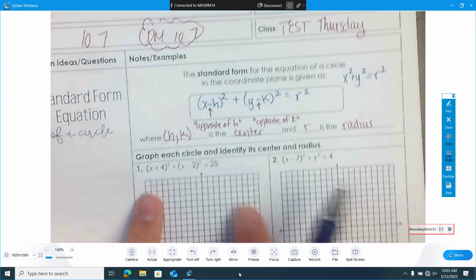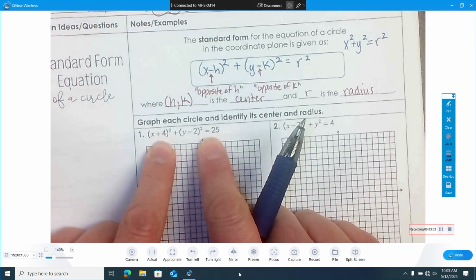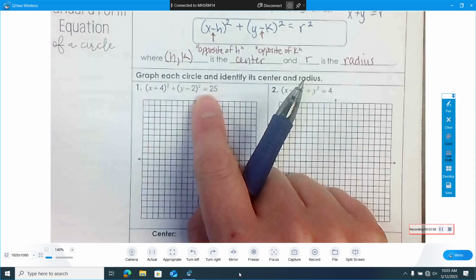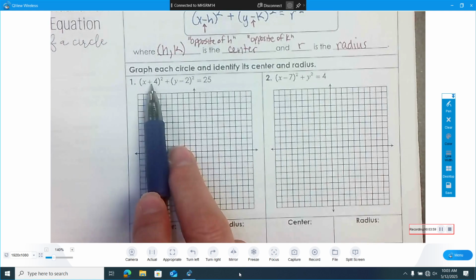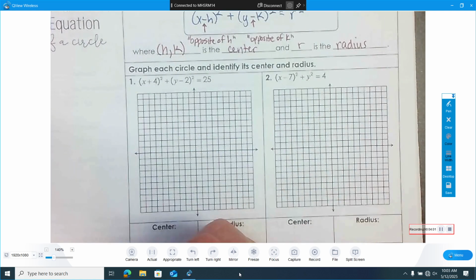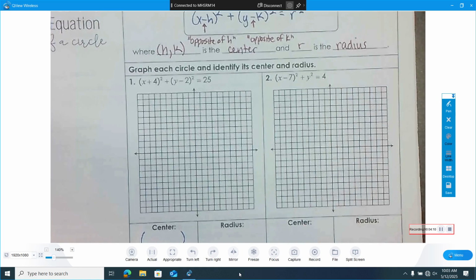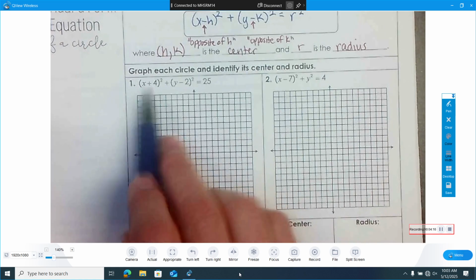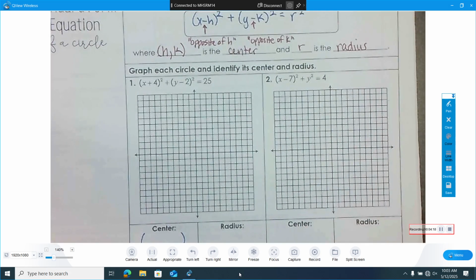All right, so here, number one, this is in a standard form. And when you look at this standard form, you'll notice this says x plus 4. What do you suppose the center is? So should it be positive 4 or should it be negative 4?